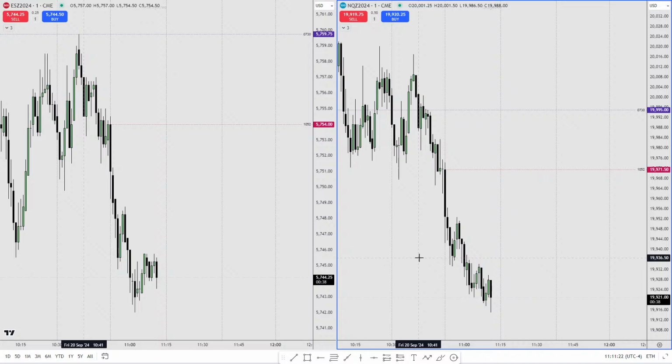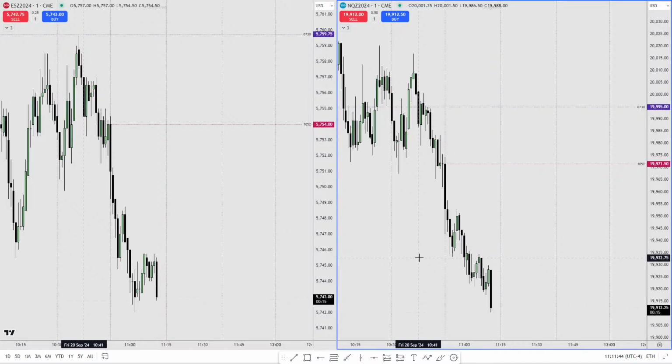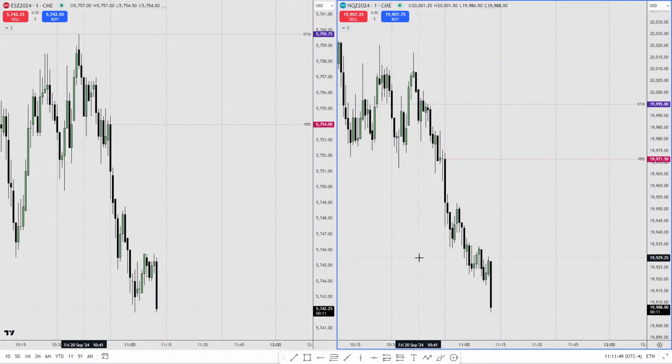NQ has just tagged the consequent encroachment of that 6 hours fair value gap. Wow, look at it go.